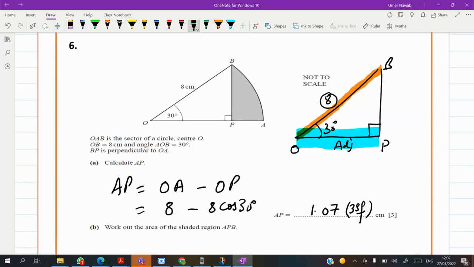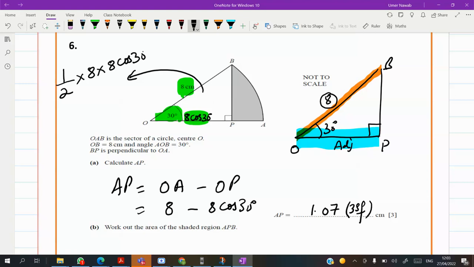To find the area of this triangle, just now you found that this side is 8 cosine 30. Why not use this side and the common angle, which is 30 degrees, to find the area of this triangle? So the area of this triangle is half times 8 times 8 cosine 30 times sine of 30 degrees.